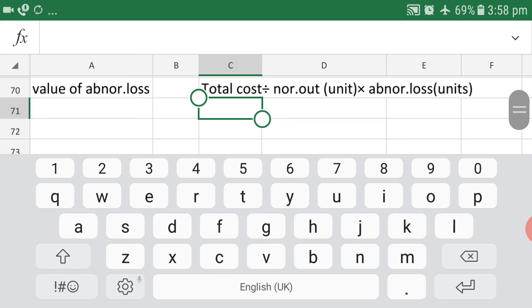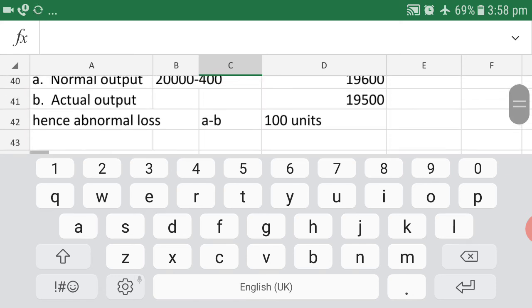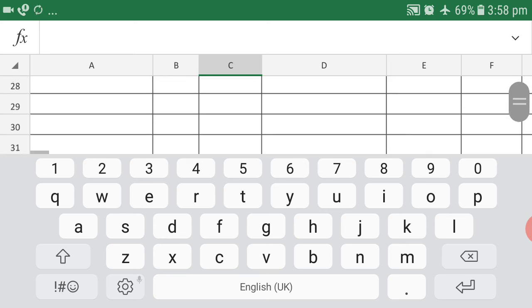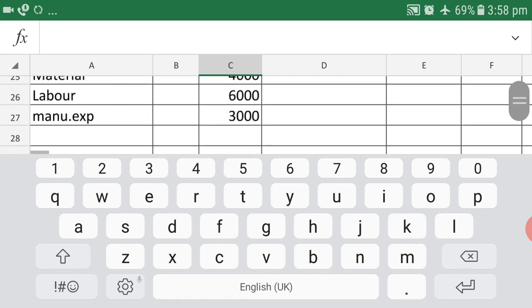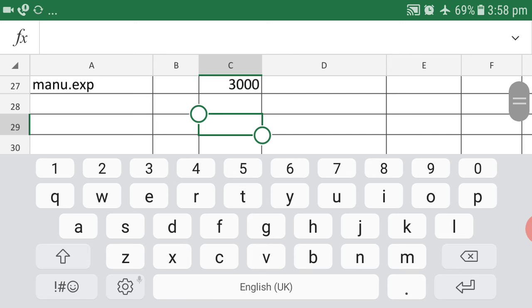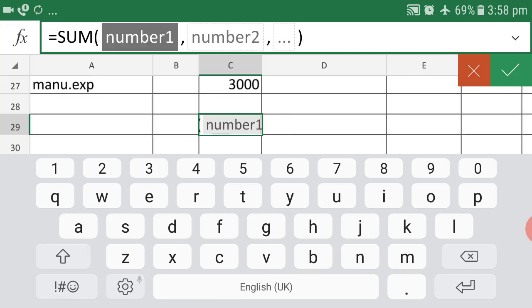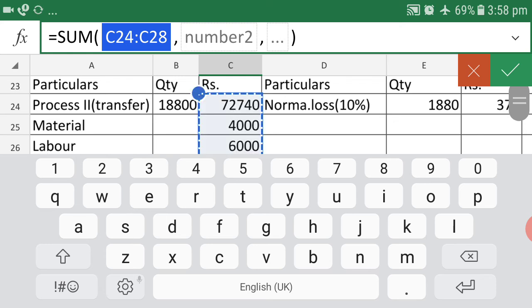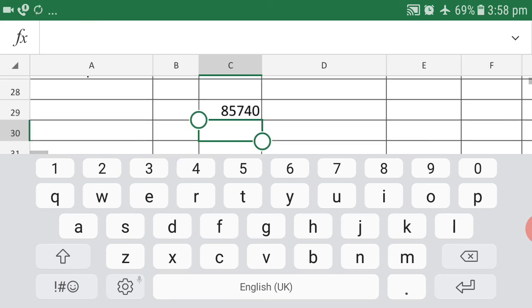See here, let's calculate the total debit side amount of the Process 3 account. $85,740.